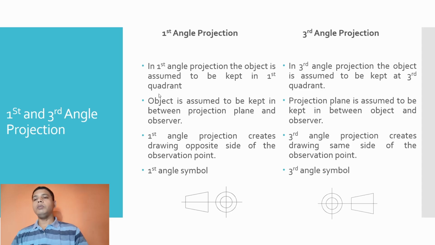Now come to the symbol and let me discuss it in this regard. This is the object, a tapered bar. This is the smaller dia, this is the higher dia.